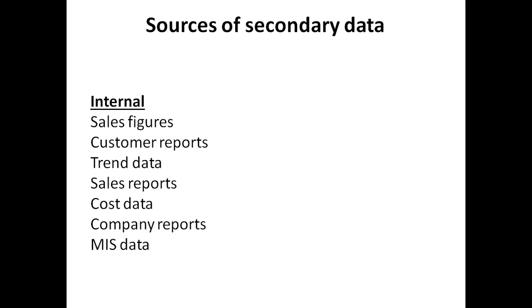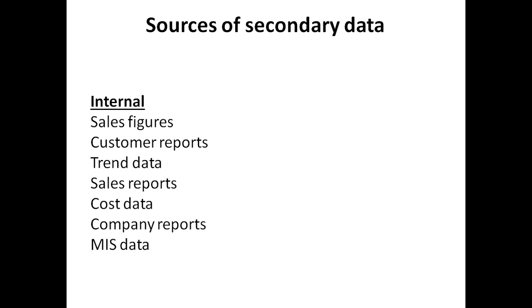Then comes trend data. Some private organizations or some freelance services maintain the trend data. What is this trend data? Trend data is the data which is collected yearly or maybe over decades about a particular trend.